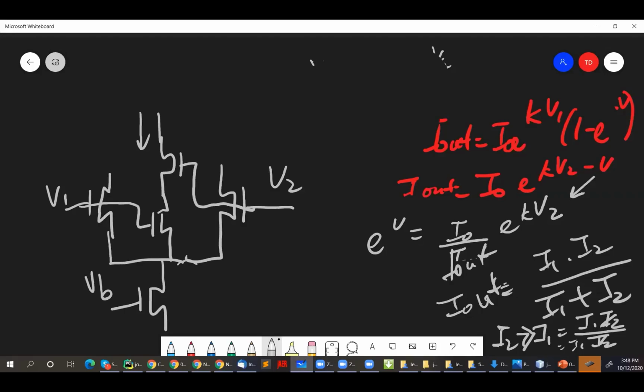So you recognize this part here, right? That's the current correlator circuit that you just saw. The only thing you did was to add a current at the bottom, the tail current, right? We call it the tail current also, by the way. So we added this part over here so that we can limit how much I out can be, because in this case now, the max it could ever be is close to IB.